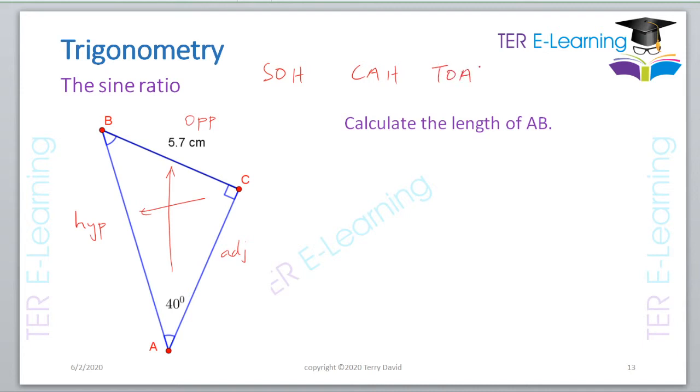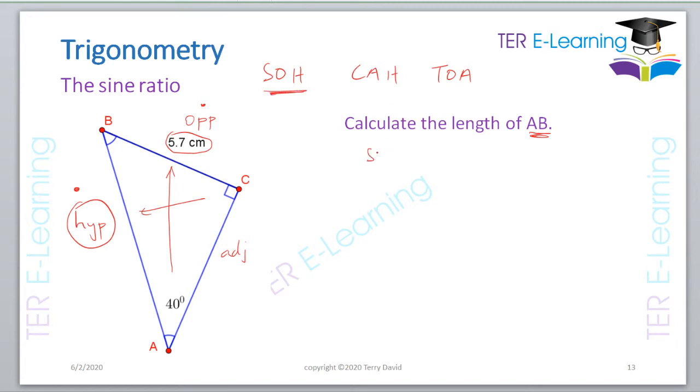So I have my opposite side here, which is 5.7. I have the angle, and the question wants me to find AB. What is AB? AB is my hypotenuse. So I'm using hypotenuse and opposite, therefore I have to use sine.